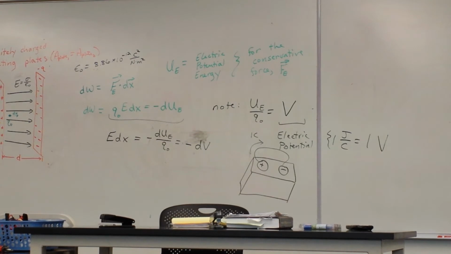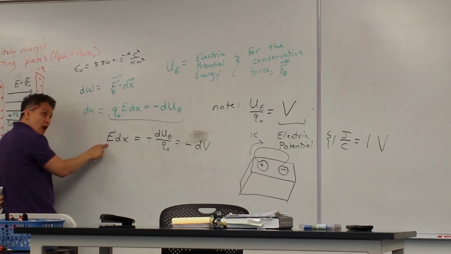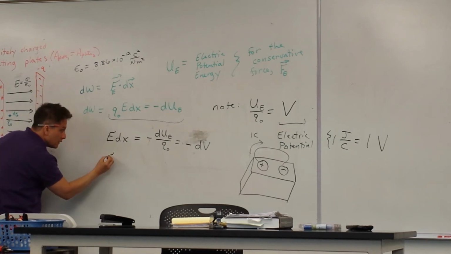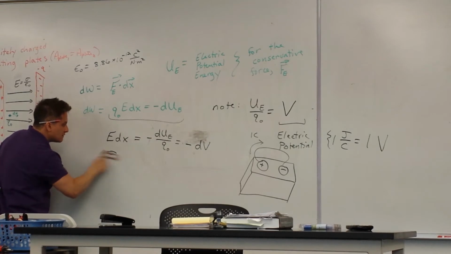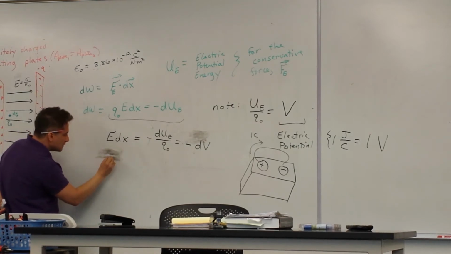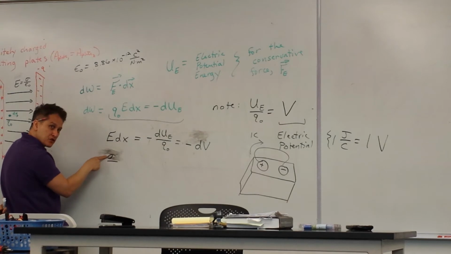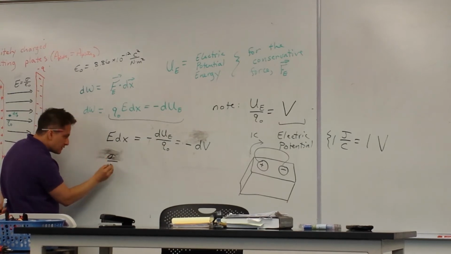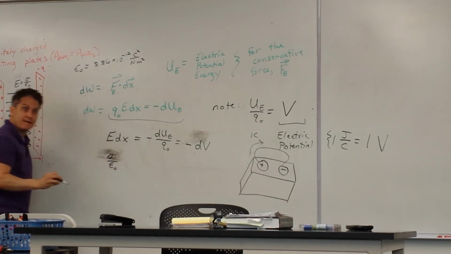So, turns out to be a little curious when you look at this for this type of an arrangement. Because we have a constant electric field, because of the nature of this type of induced charge interaction, we can rewrite the electric field in terms of the surface charge density and epsilon naught.